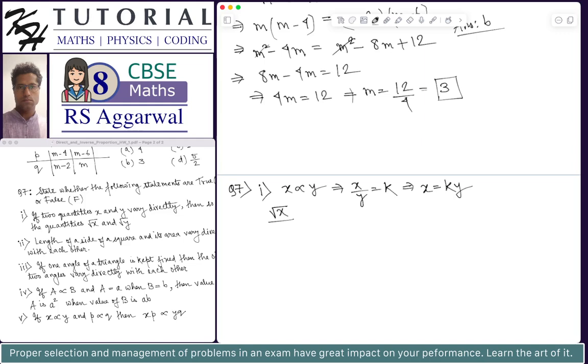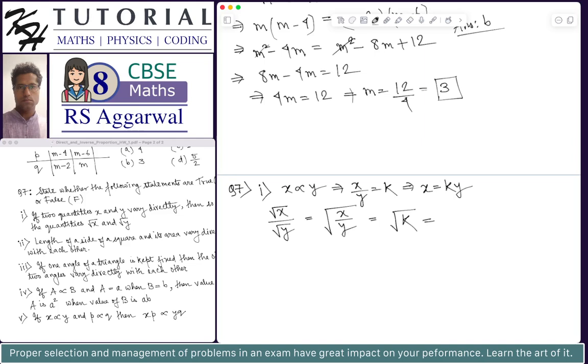To verify whether the quantities root x and root y are in direct variation, we need to check the value of the ratio, that is root x by root y. Now root x by root y can also be written as root of x by y. Now x by y we know is k. So this is root over k.